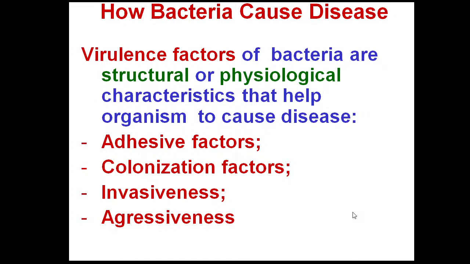And the final one is aggressiveness, the ability of the microbe to withstand the host defense mechanisms, namely our immunity. I would like to add one more, particular for bacteria: some bacteria may be toxigenic. They may produce not just some enzymes but real toxins that are very harmful to the human body.